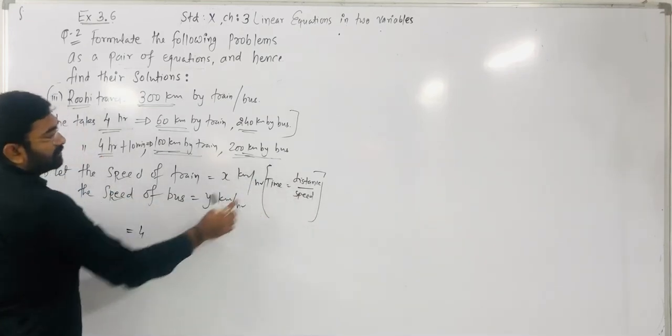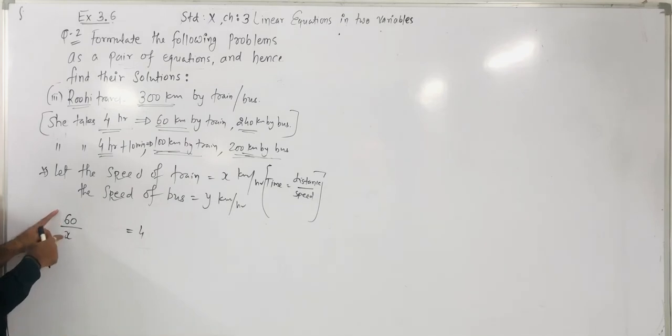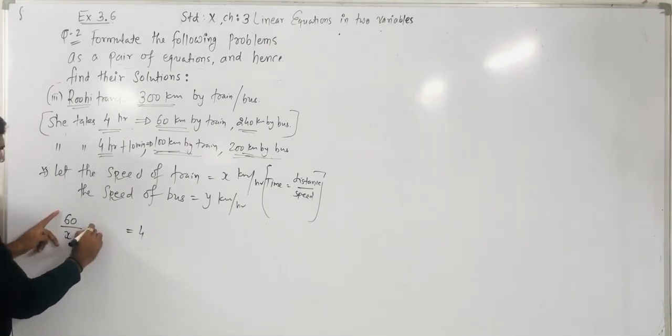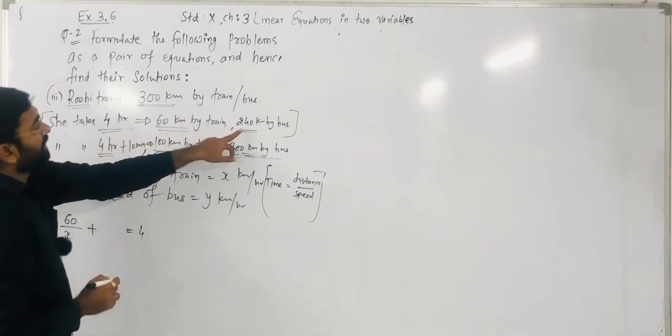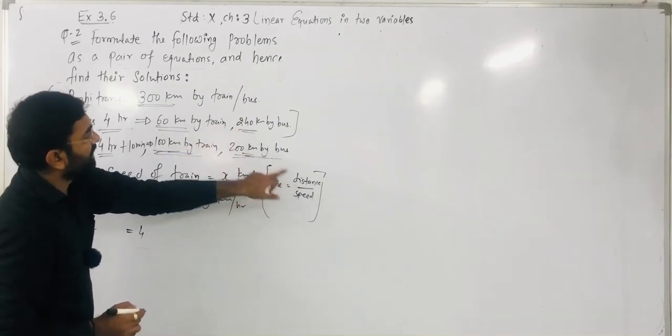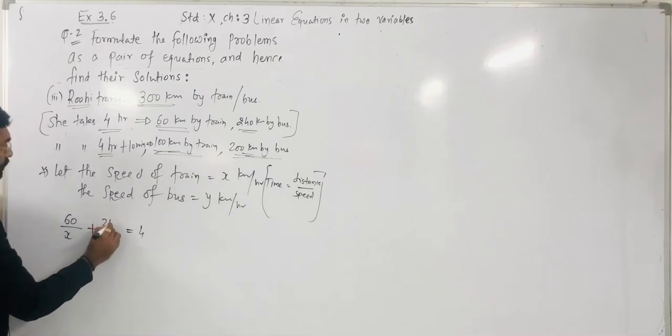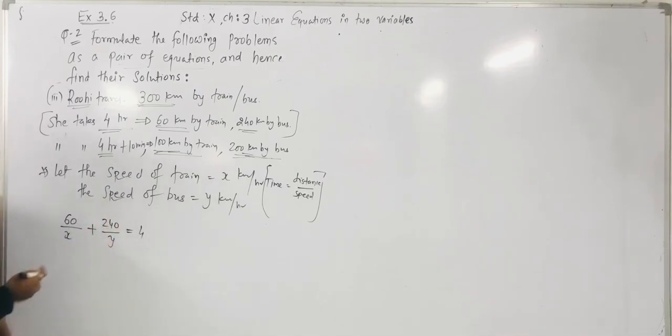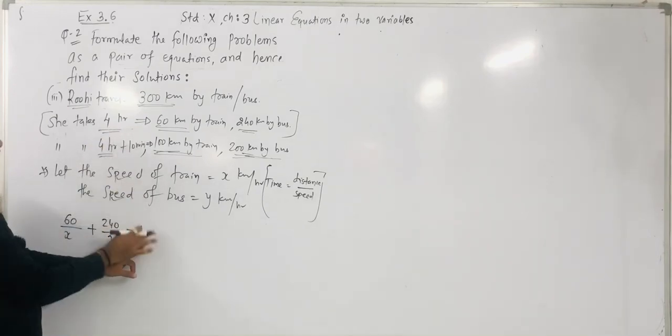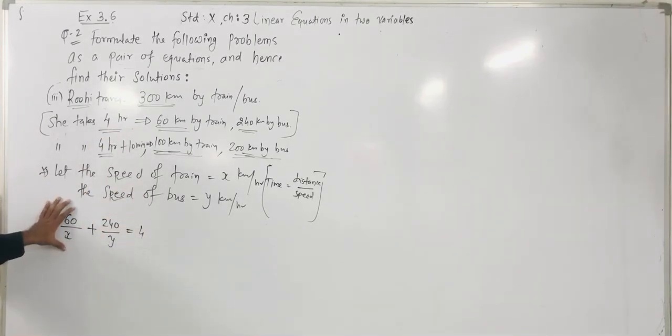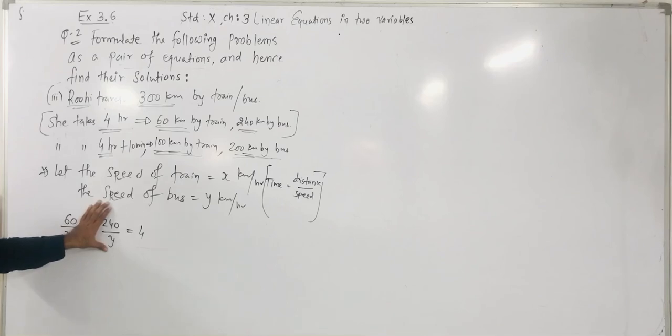So the time traveled by the train is 60 by x, to which we have to add the remaining distance, 240, and the speed of the bus, y, so 240 divided by y. Total time we require is 4 hours: train travel time plus bus travel time.